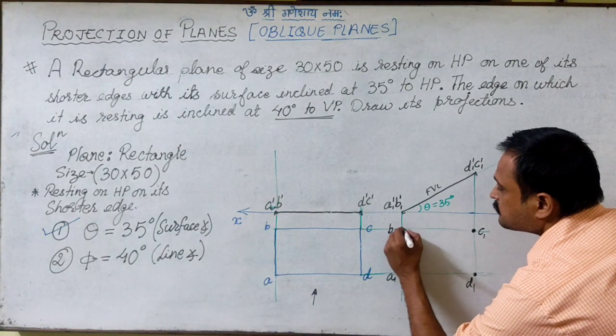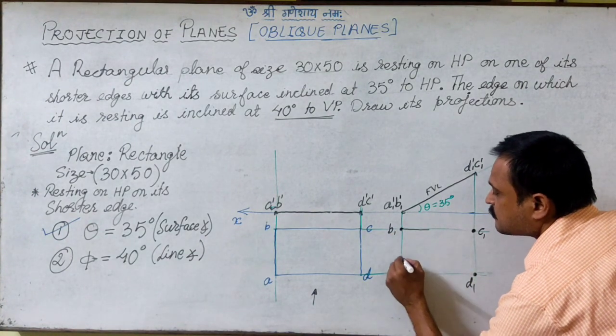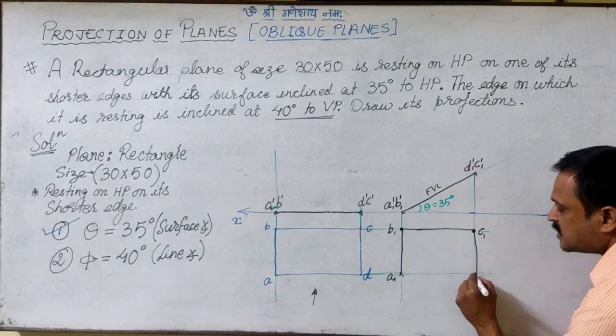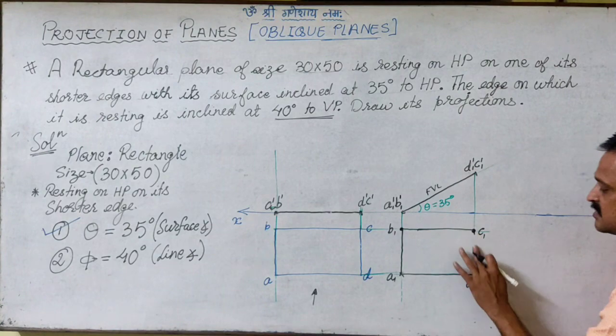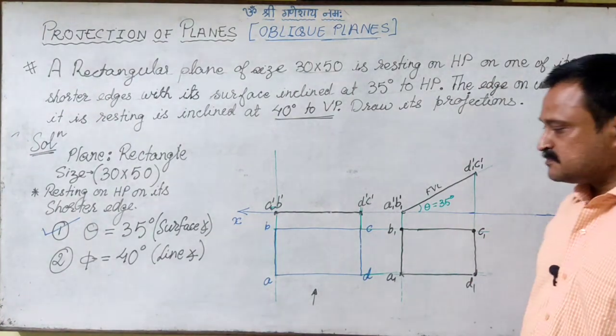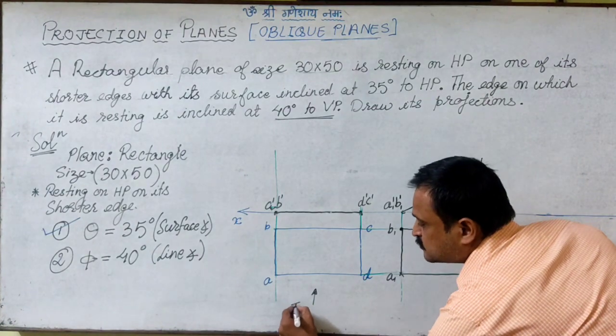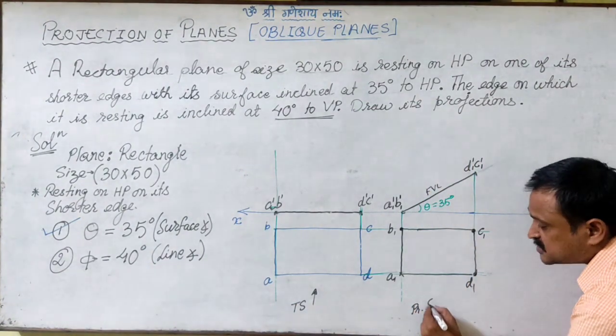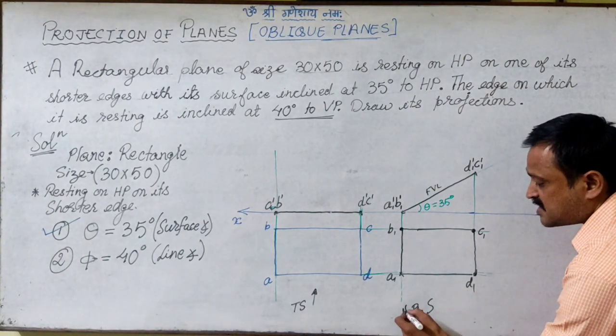So when we join A, B, C and D, we get the first projected shape. So this is the true shape. This is the projected shape. First projected shape we have got.